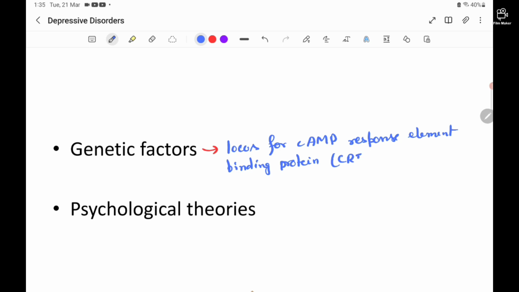This is the CREB1 protein on chromosome number 2. So there is a specific locus for cAMP response element binding protein on chromosome number 2. So this is a primary genetic factor. And another genetic factor which is responsible is the serotonin transporter gene.